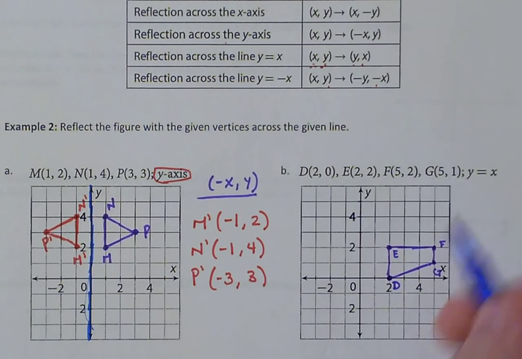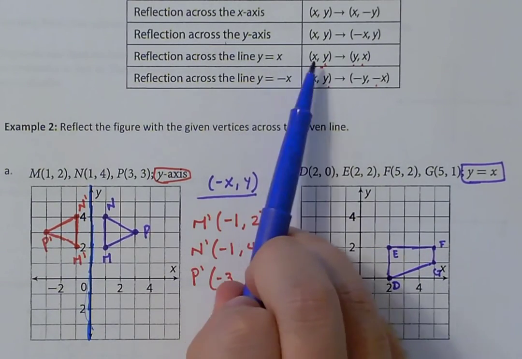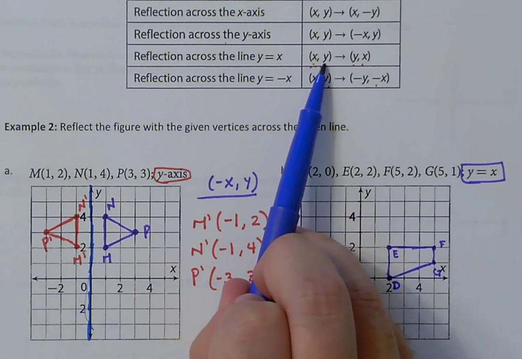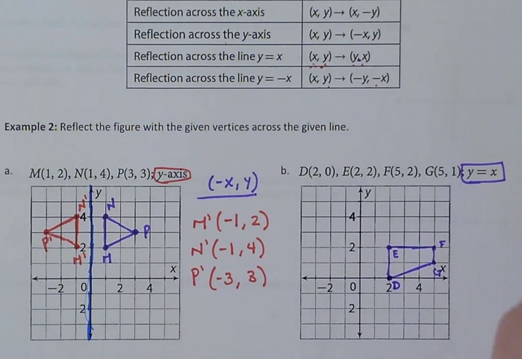Now, it wants us to reflect this across the line y equals x. Well, the line y equals x goes from x, y to y, x. So y, x is going to be my transformation.